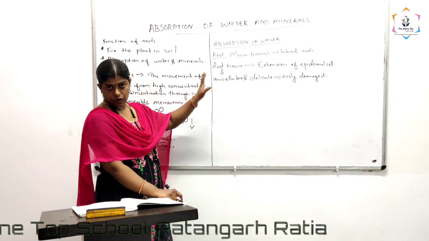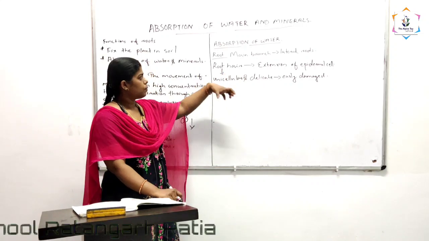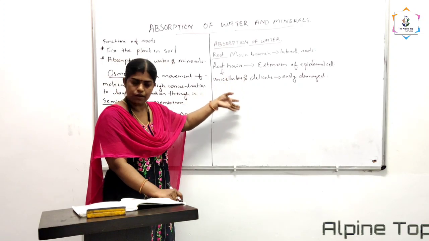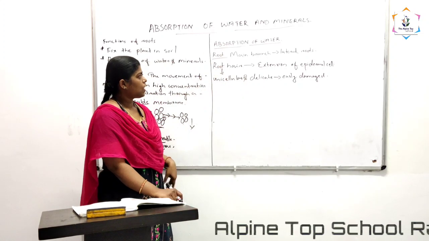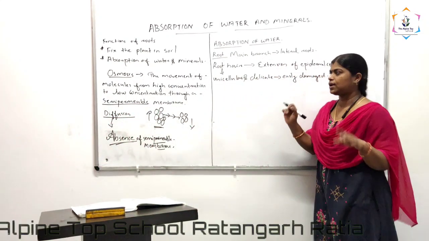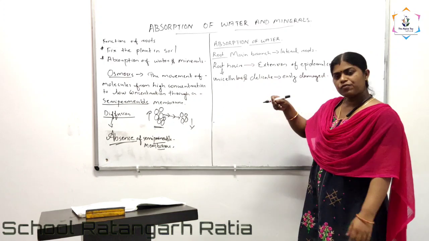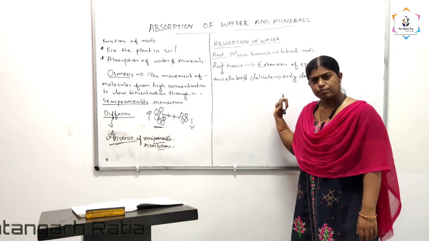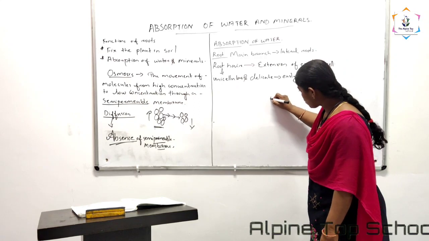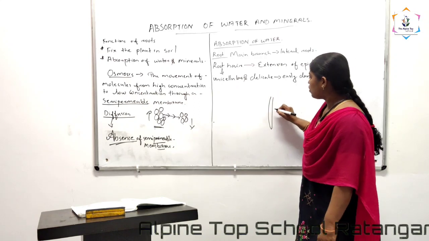Okay, so as I have told you before, what is the structure which absorbs water in plants? Roots. Firstly, we have to look at what the structure of a root is in general. Okay. So if you pull out one plant from the soil, you can see that a plant has so many branches of roots.